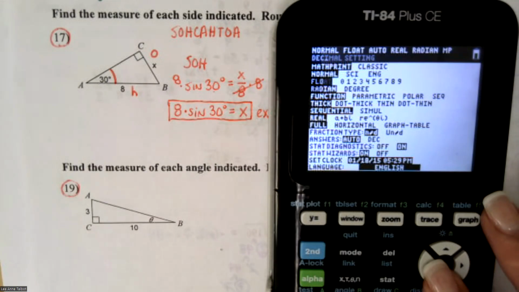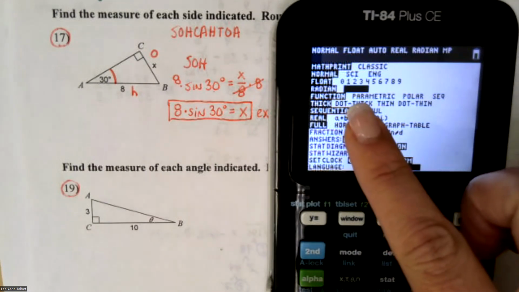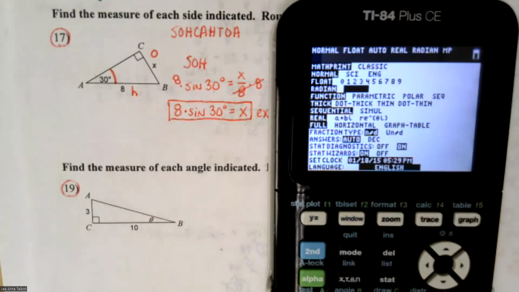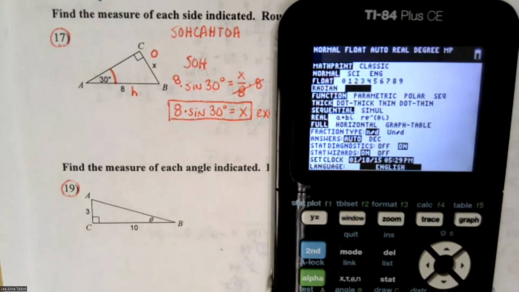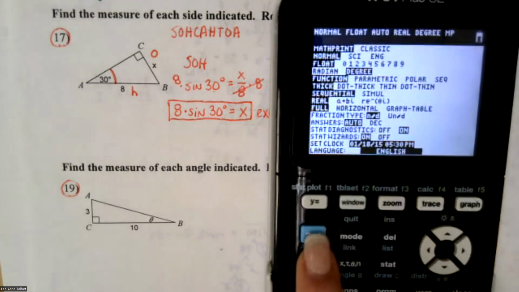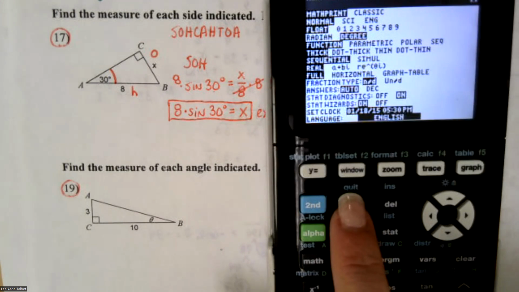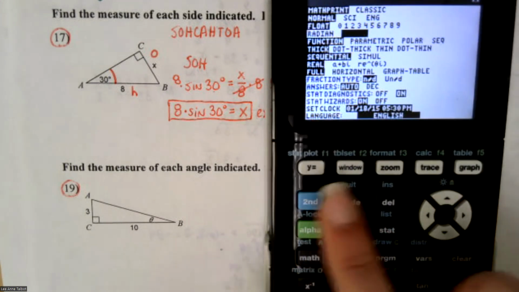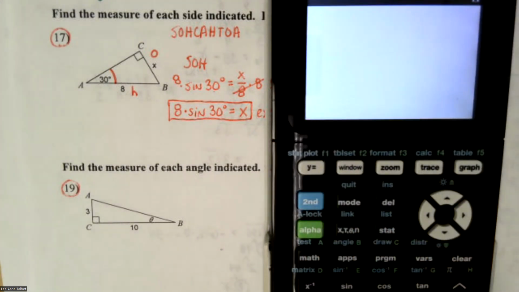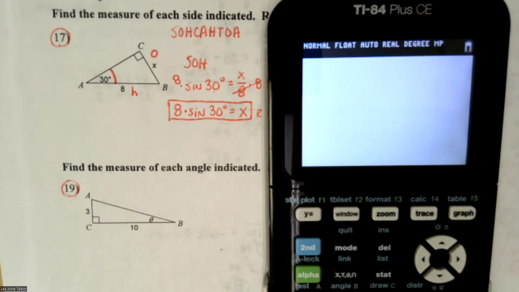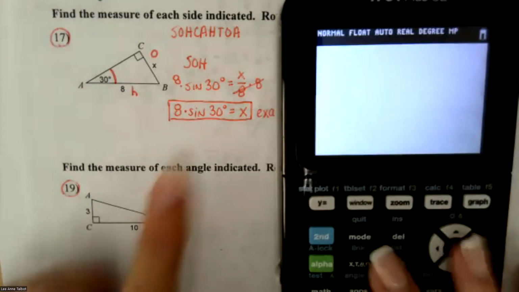And what you want to do is scroll so that it's blinking over top of degree and then hit enter. So you want to change the mode to degrees, and then to get out of this back to the regular screen, go second quit. Quit is right above the mode. So second quit. Second quit will always get you back to the regular screen no matter what you're doing.